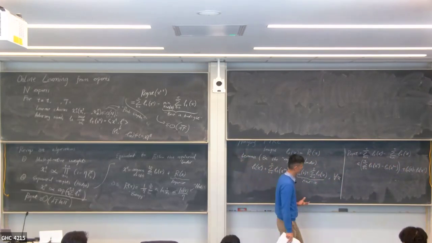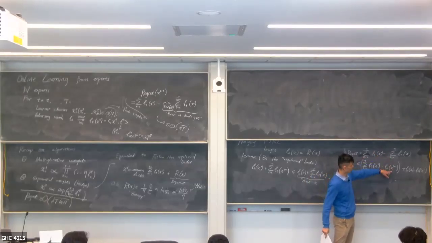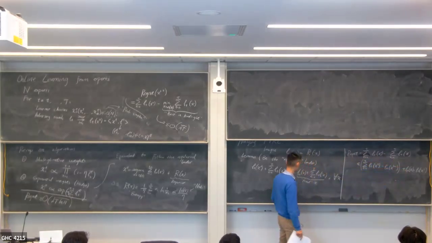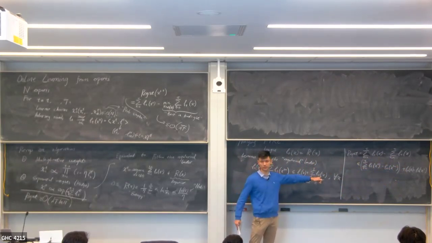You add a sum over L_t(x_{t+1}) somewhere and subtract it out. You get a relationship between L_t(x_{t+1}) minus L_t(x).